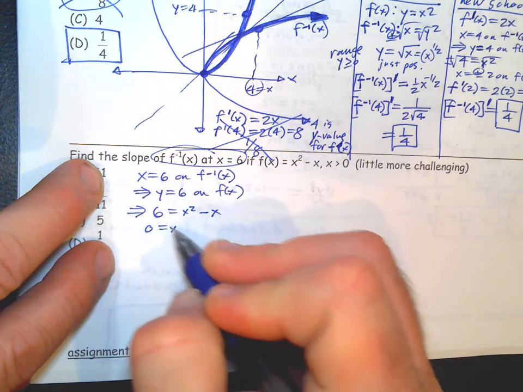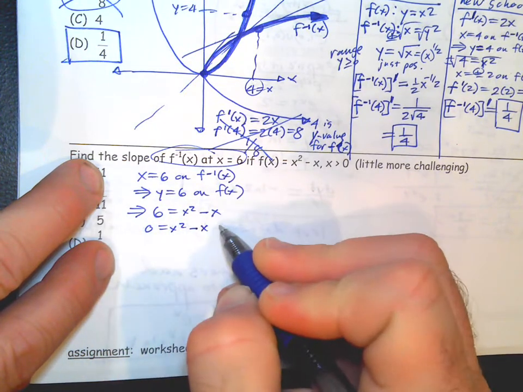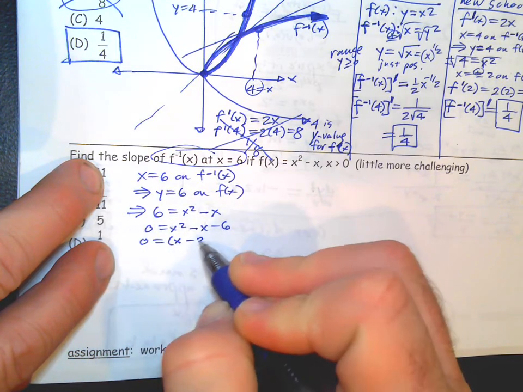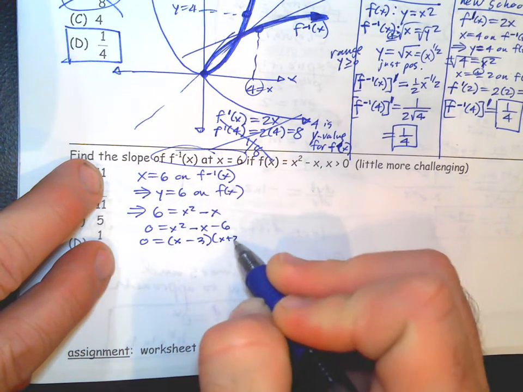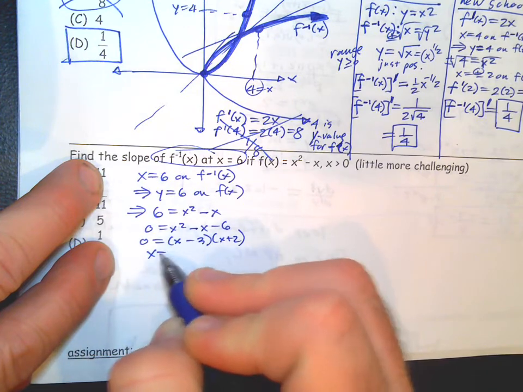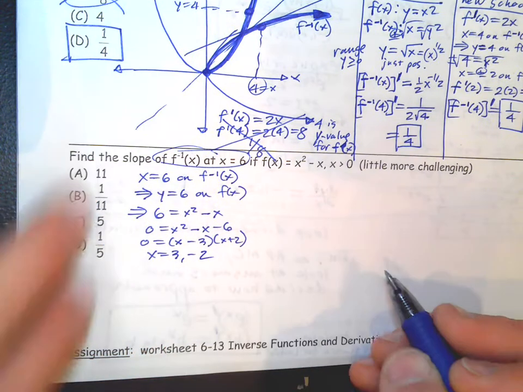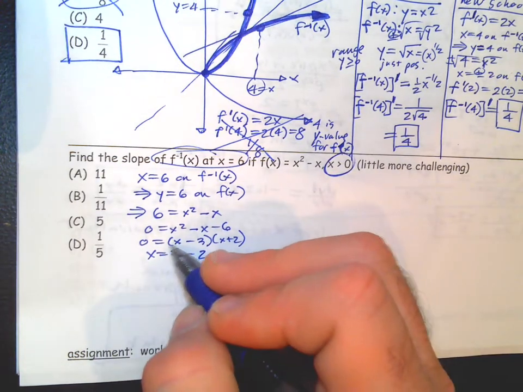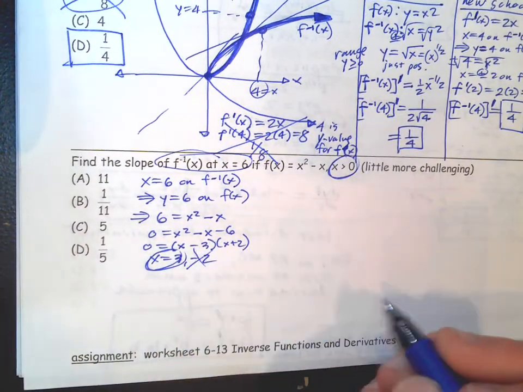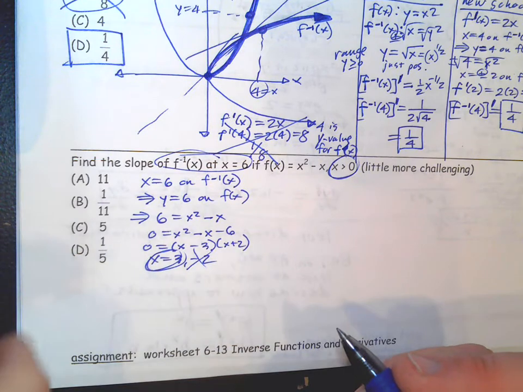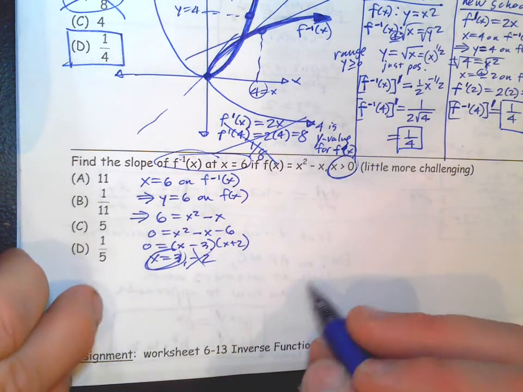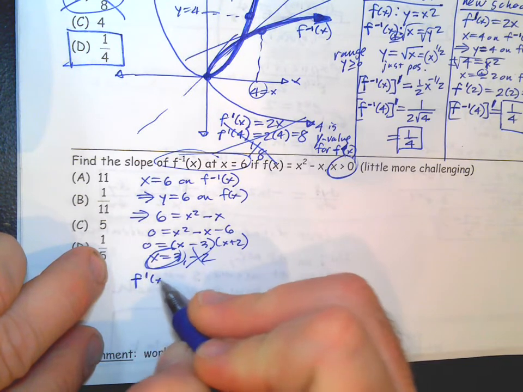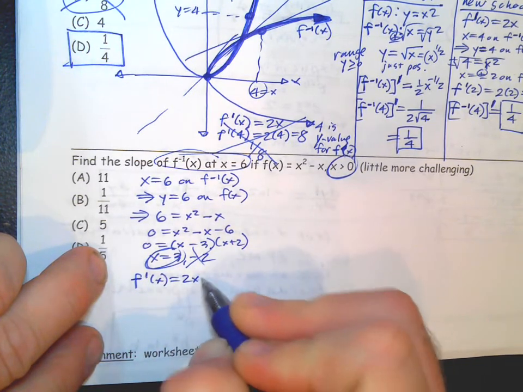So this one's a little more complicated than the other one. I would factor, unless you really like the quadratic formula. So we get those answers. Now, again, they said x had to be greater than 0, so we're going to go with this one and not that one. Okay? And so now we're going to take the derivative of the original function, which is super easy to do, 2x minus 1.